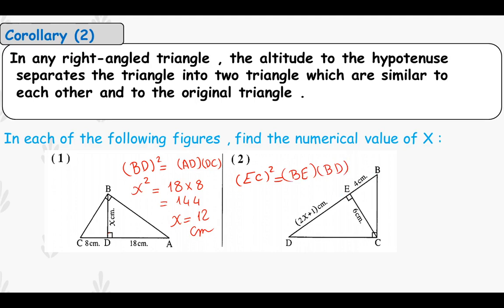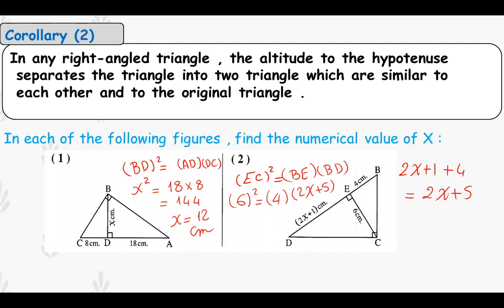Concentrate please and focus on this part. EC squared will be equal to 6 squared. Here BE equals 4 centimeters, but we don't know the length of BD. But BD equals BE plus ED, so it will be 2x plus 1 plus 4. If we add them together, it will be 2x plus 5. So we write 6 power 2 equals 4 multiplied by 2x plus 5.